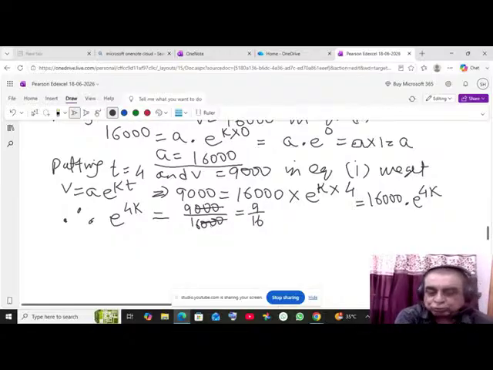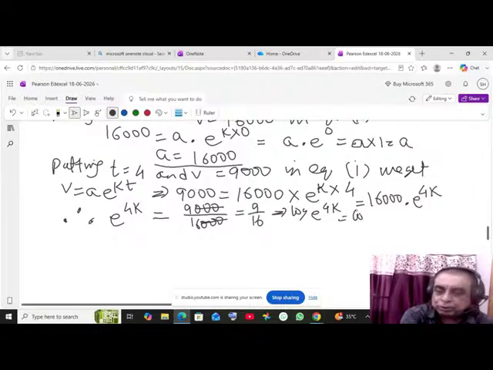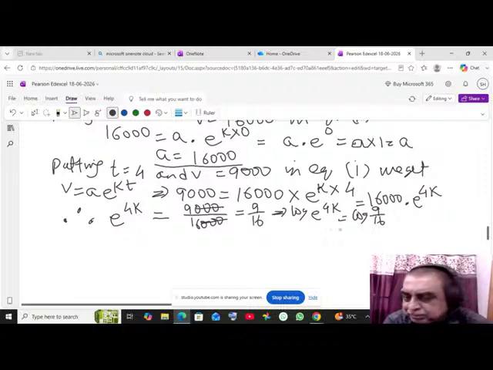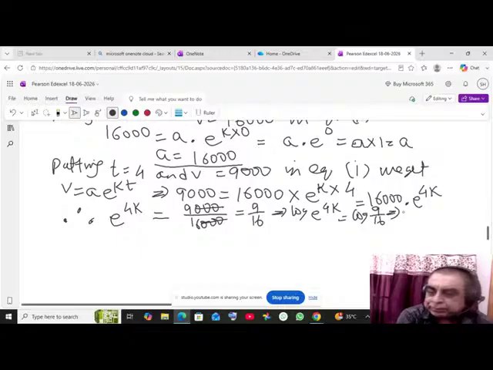Now you take the log of both sides. So we get log of e to the power of 4k equals log of 9 upon 16. The power 4k will be written in front, so 4k times log e equals log of 9 upon 16.